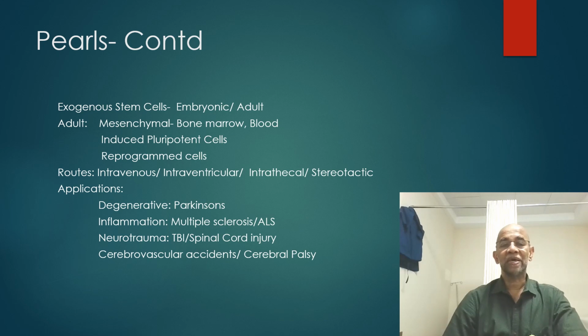Exogenous stem cells can be embryonic or adult-derived. Mesenchymal stem cells can be derived from bone marrow or from blood. Induced pluripotent cells are derived from adult cells by retroviruses or by vector programming.